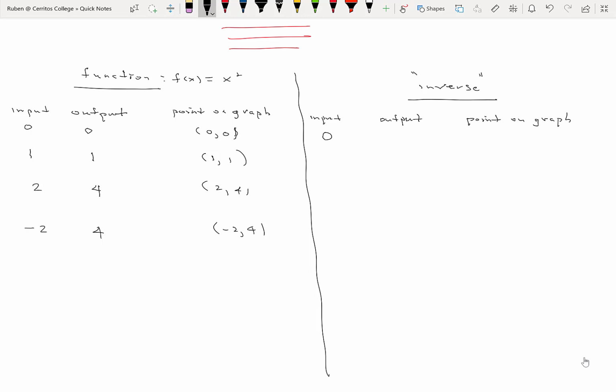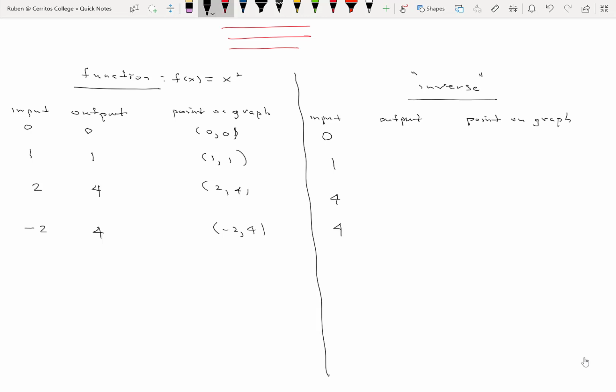The second output for the function was 1, so that will be the input for the inverse. The third output for the function was 4, so that will be the input for the inverse. I'm switching roles of input and output. The last output was also 4 for the function, so that will be the input for the inverse.